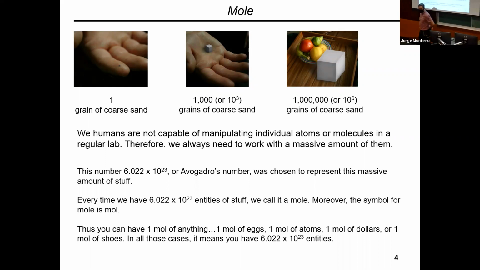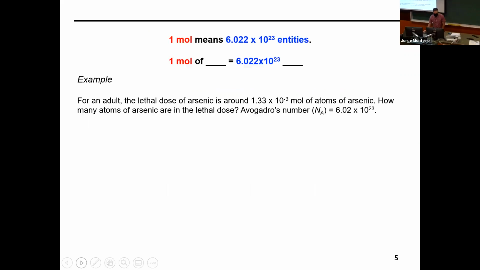So try to look at the mole as a simple conversion factor. 1 mole is always equivalent to 6.02 times 10 to the 23rd. Let's take a look at an example here.